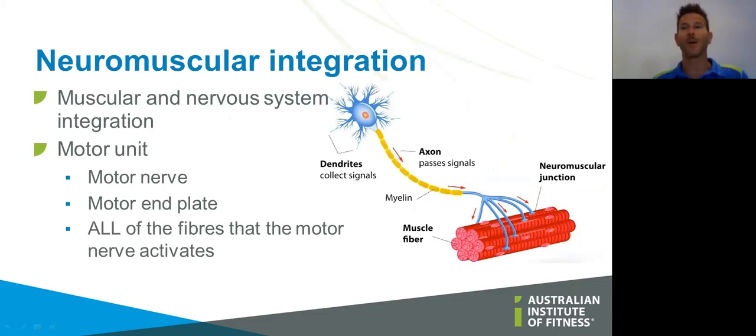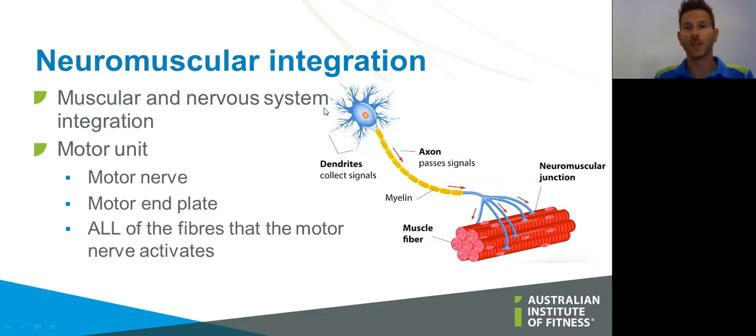When we start looking at how everything comes together, we look at the neuromuscular integration. And this is also known as the motor unit. It starts off at the motor nerve, sending information down the cell body through the axon and through the axon terminal. This goes across the neuromuscular junction into the muscle fiber, and then causes something, whether it will be inhibition or excitation of that fiber.